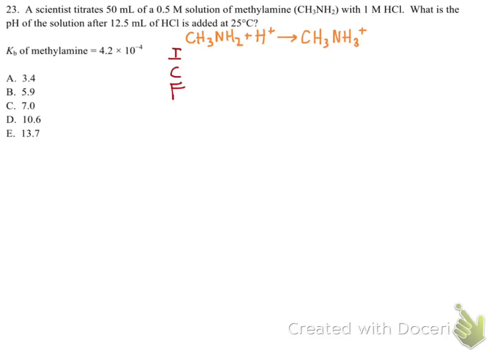We've got 0.5 molar methylamine, and we're multiplying that by 0.05 liters, 50 milliliters. So this is going to give us a total of 0.025 mole of methylamine. We'll do the same thing then with the HCl.